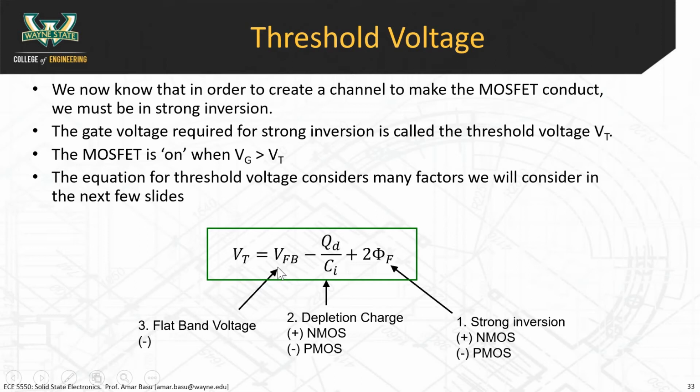The flatband voltage, then the depletion charge, or this is often called the voltage drop due to the depletion region. And then the third component is the requirement of strong inversion. So we're going to just run through these real quick from the right to the left.